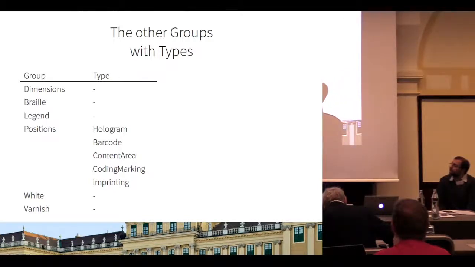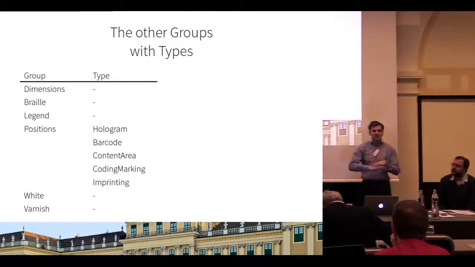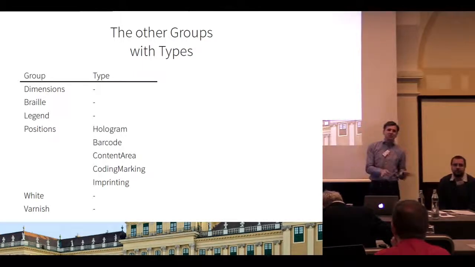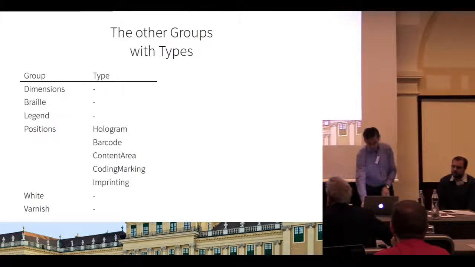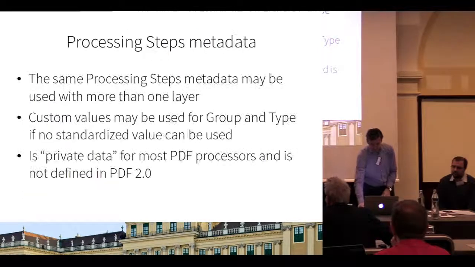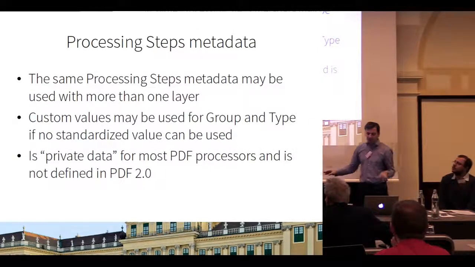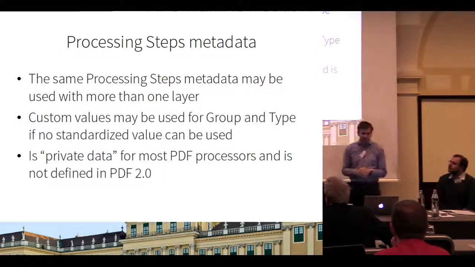Dimensions, braille, legend, white, and varnish don't have any types, and positions has hologram, barcode, content area, coding, marking, and imprinting. So these are all strings that are predefined and may be used in metadata in a processing steps PDF file, with one exception. Well, actually not just one. A few more things, and then you've got the complete picture.